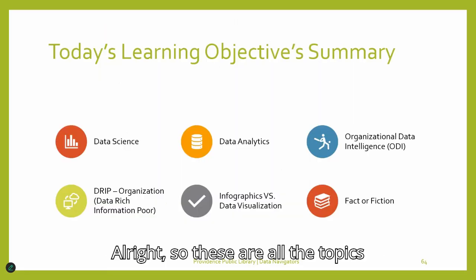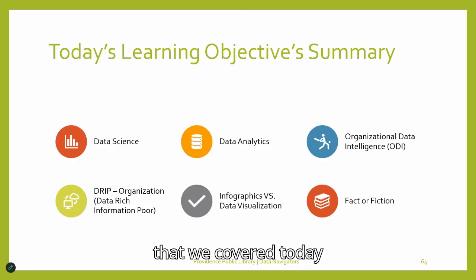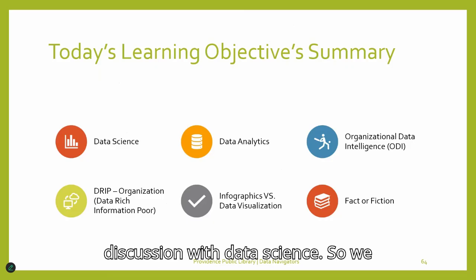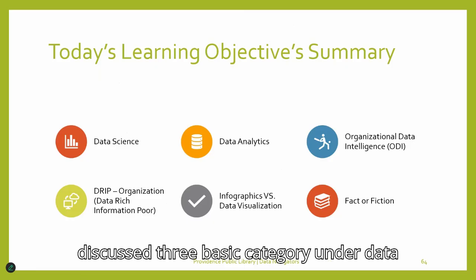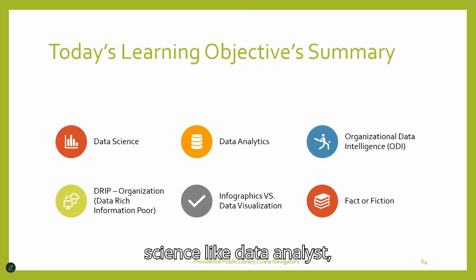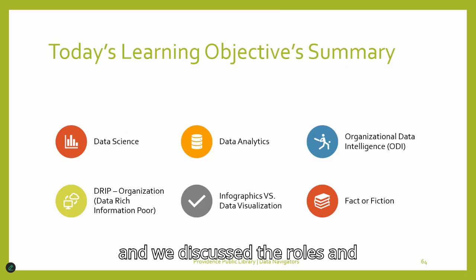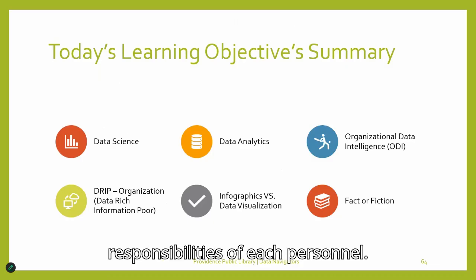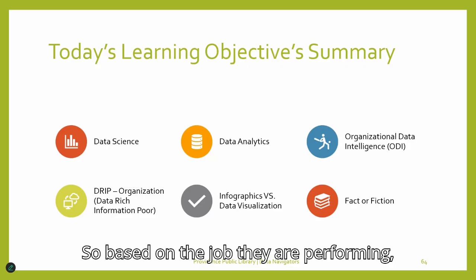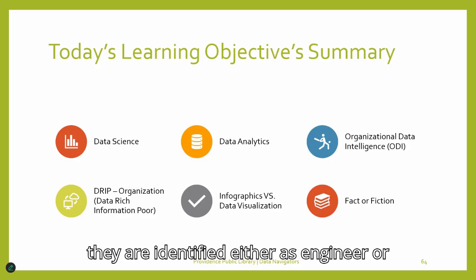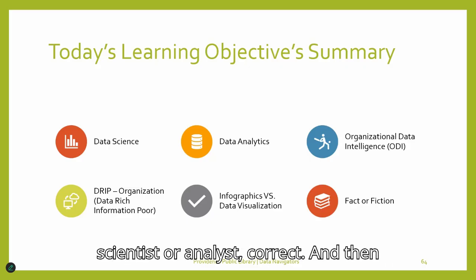All right. So these are all the topics that we covered today, theoretically. All theory only. We started our discussion with data science. We discussed three basic categories under data science: data analyst, data engineer, and data scientist. And we discussed the roles and responsibilities of each. Based on the job they are performing, they are identified as either engineer, scientist or analyst, correct?